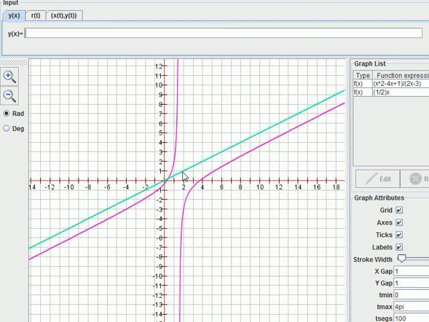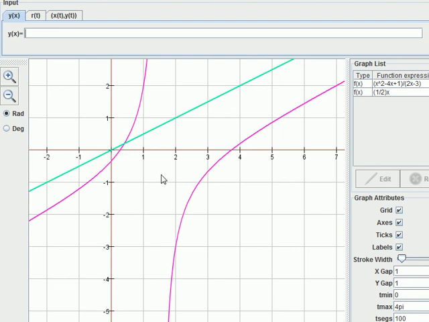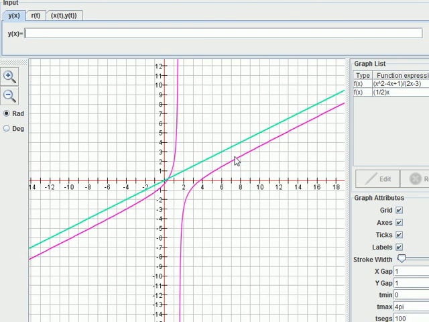Now, he does give an explanation. I don't really have a good explanation for this because this does actually go through this asymptote, doesn't it? You see that right there? I just can't explain it. When I was listening to his explanation, I think he was fudging just a little bit, you know what I mean?